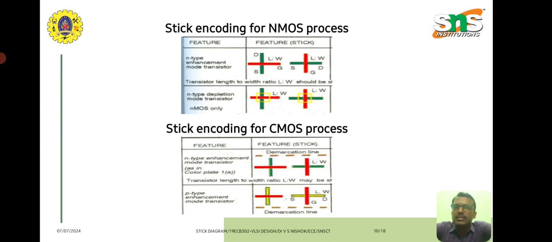The transistors are formed by crossing the polysilicon with the diffusion layers. For a depletion mode NMOS transistor, we see the implant, which represents the depletion mode NMOS transistor only. Similarly, for CMOS logic we see similar transistors, but the NMOS transistors are below the demarcation line and the PMOS transistors should always be above it.